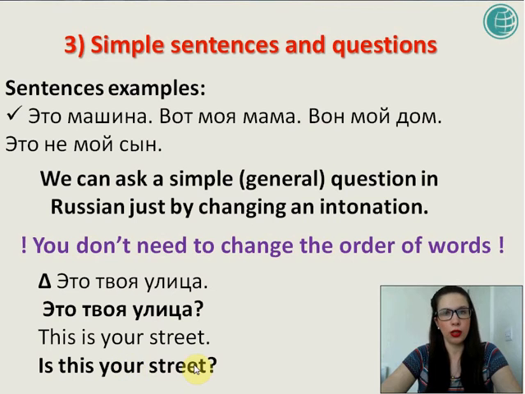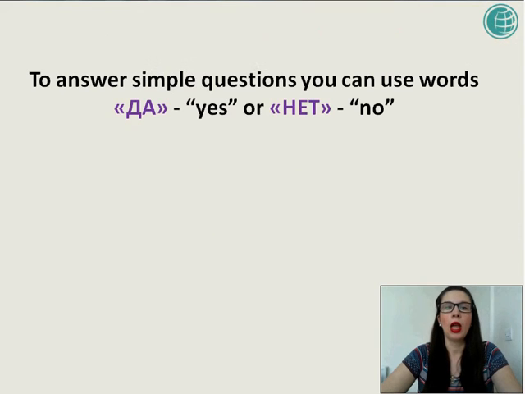Is this your street? In Russian language, we don't need to do this. We will just have to put a question intonation. Это твоя улица? Is this your street? Quite simple in Russian. And to answer simple questions, you can use words да, which means yes, or нет, which means no.